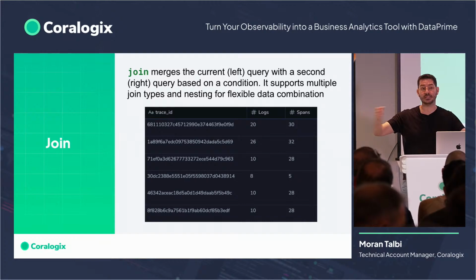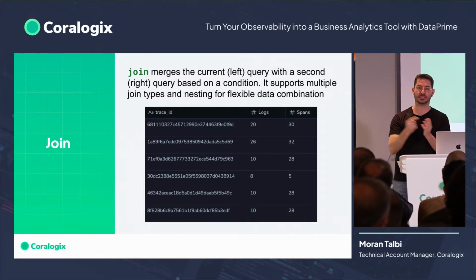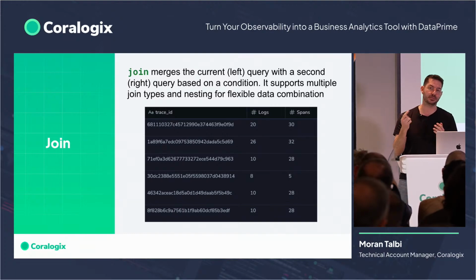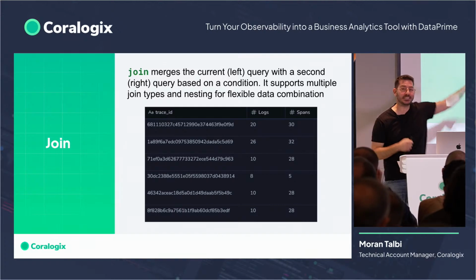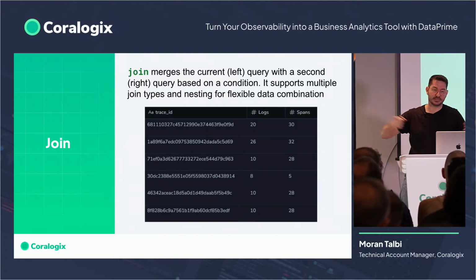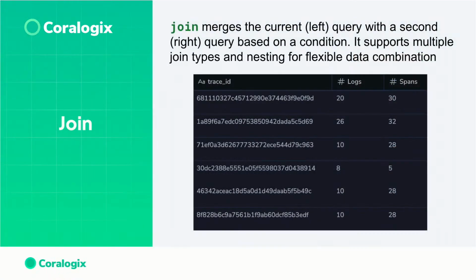So a trace is made out of smaller units called spans, the calls between the services, and a span could also be internal to a service. So a trace ID represents a request end to end. Here we got the number of logs correlated with this trace in comparison with the number of spans.